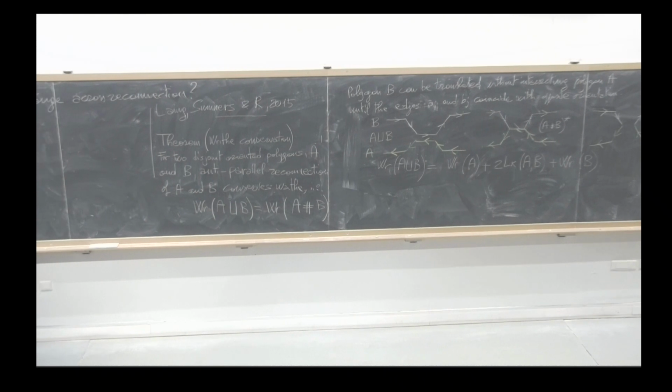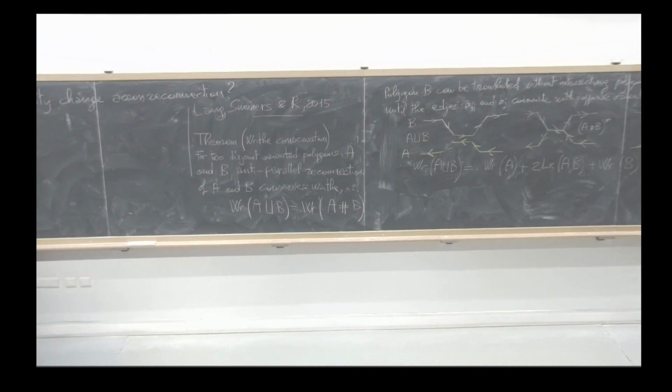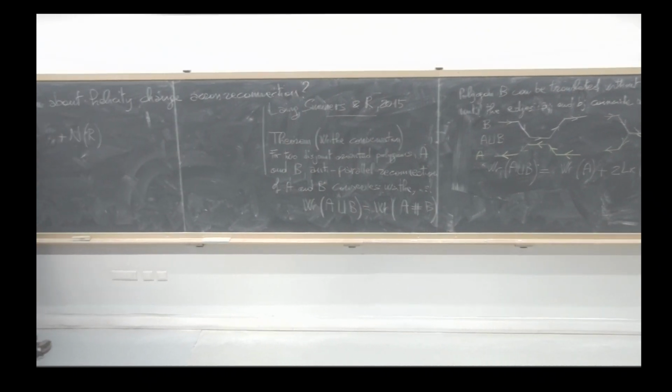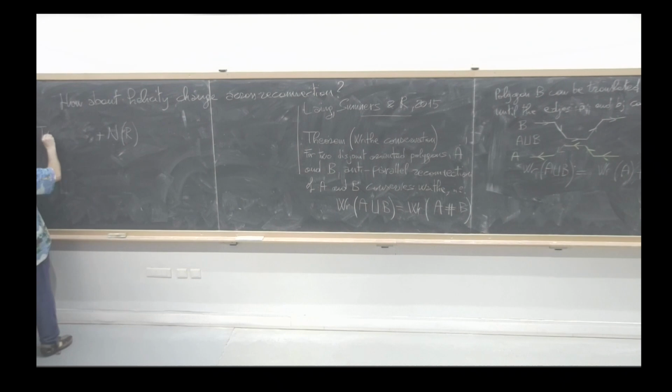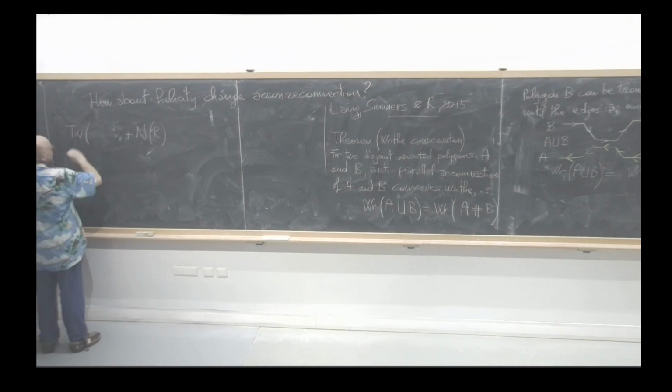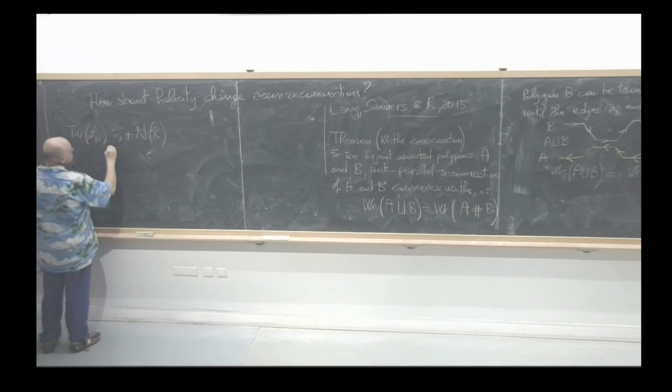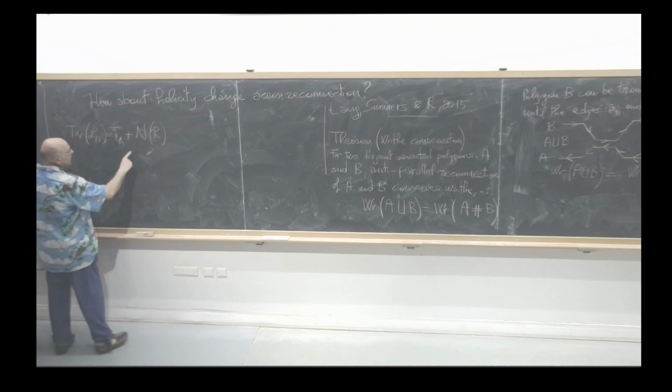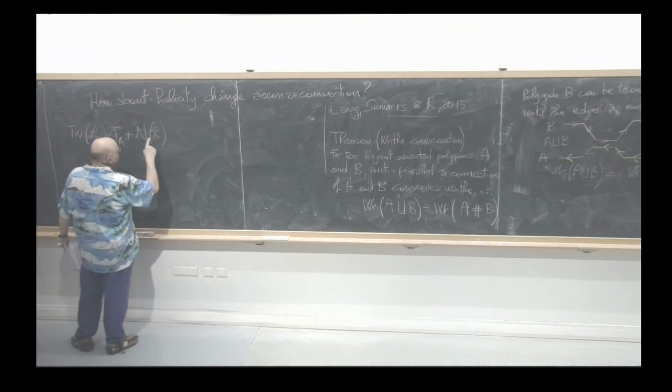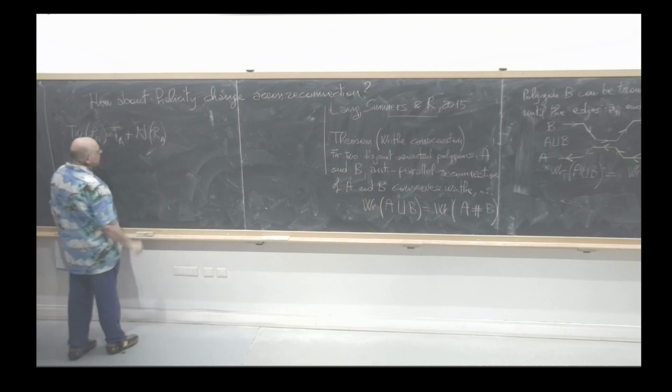So this is due to the ribbon, and this is due to the center line. So we have the twist of the filament A is just given by the total torsion of A and the intrinsic twist of RA.